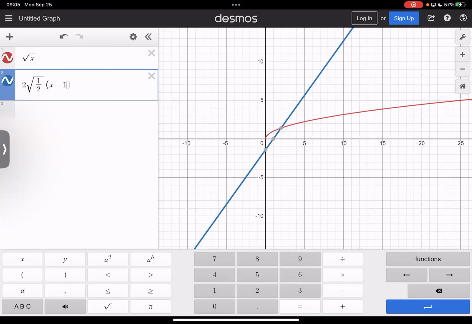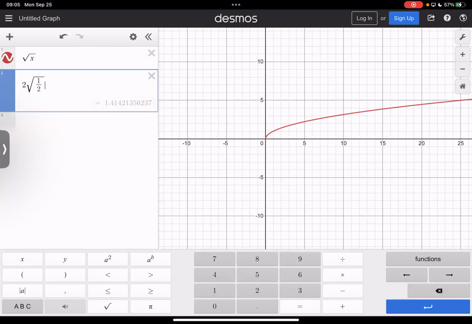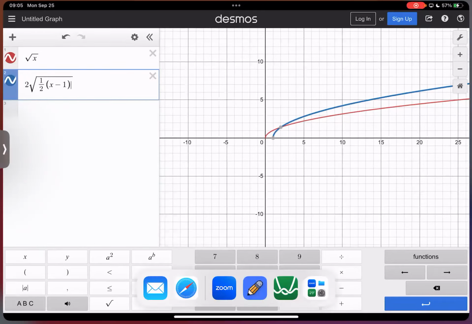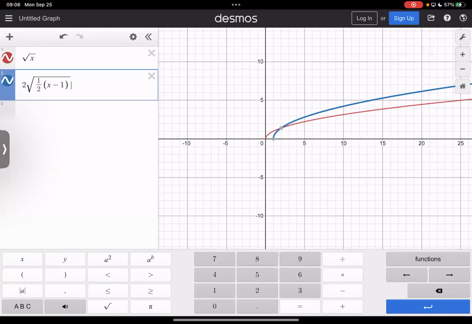Notice how it's not in the square root, so I want it all in the square root. So I have to fix that. Times there, x minus 1, bracket, 1/2 x minus 1, and then plus 3 outside the square root. Woo.